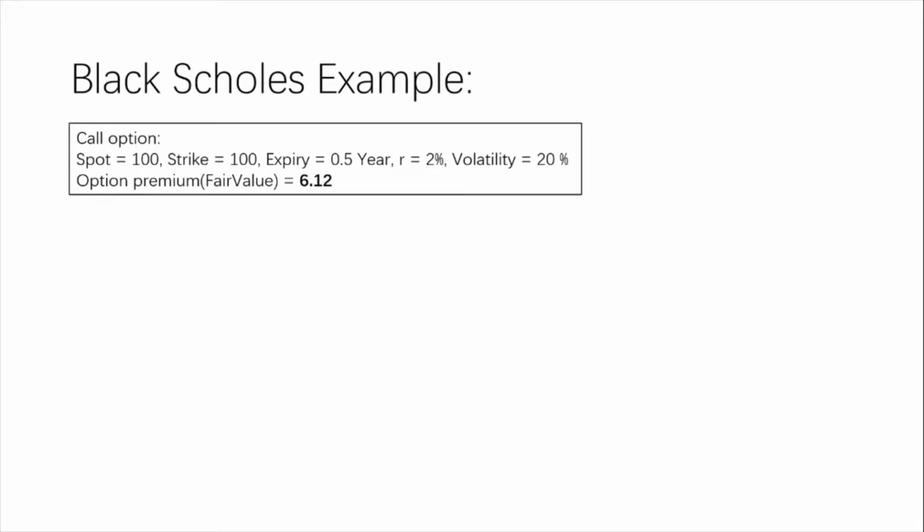Assuming we have a call option, spot is 100, strike is 100, expiry is half a year, interest rate is 2%, volatility is 20%. If you put these parameters into the Black-Scholes formula, you will find that the option premium or fair value is $6.12 US.